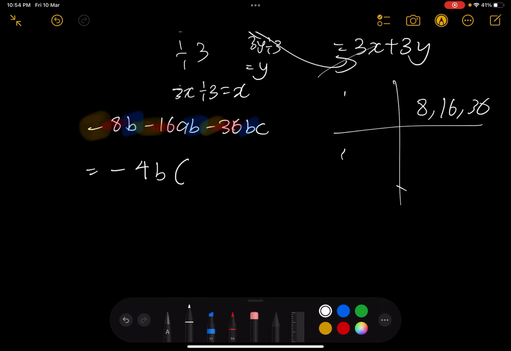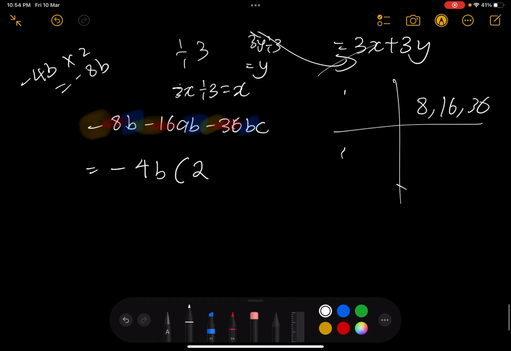Okay, now let's factorize. Minus 4b times what give you minus 8b? 2. Correct? Because minus 4b times 2 is minus 8b. Correct? Next one. We'll look at the sign.